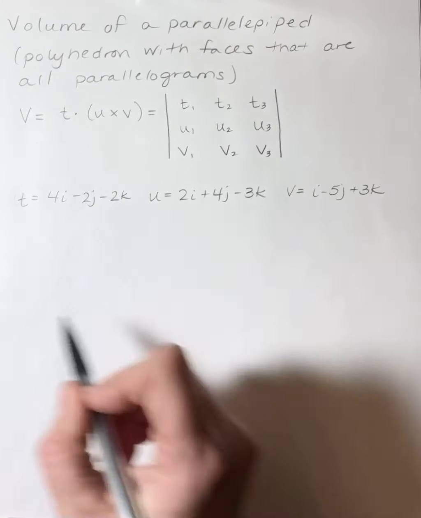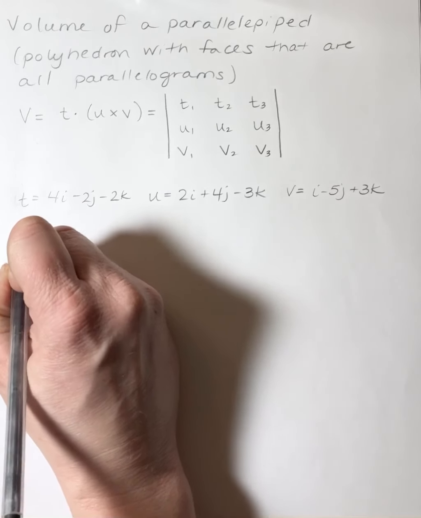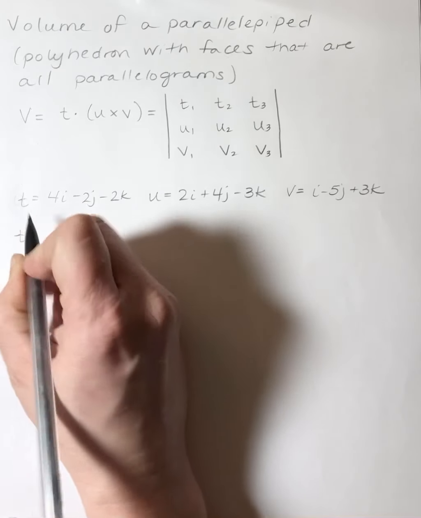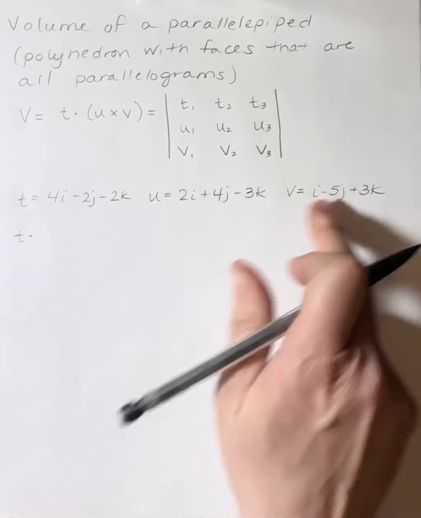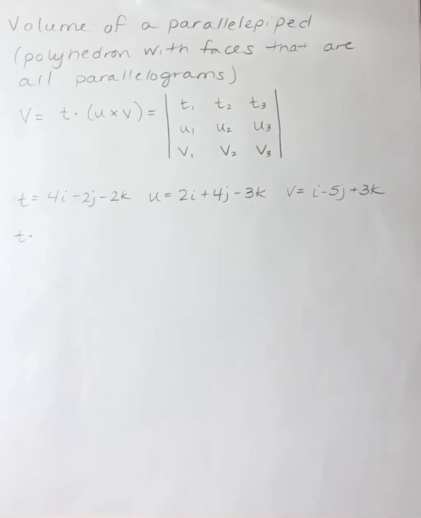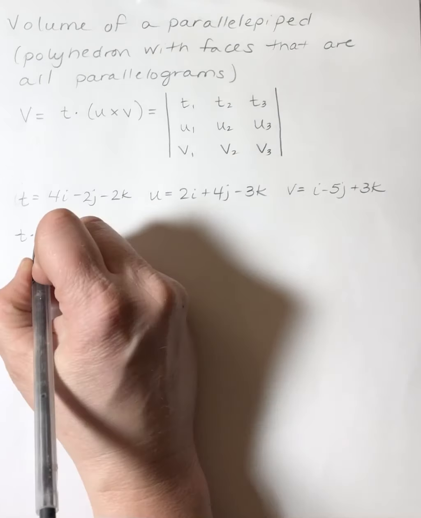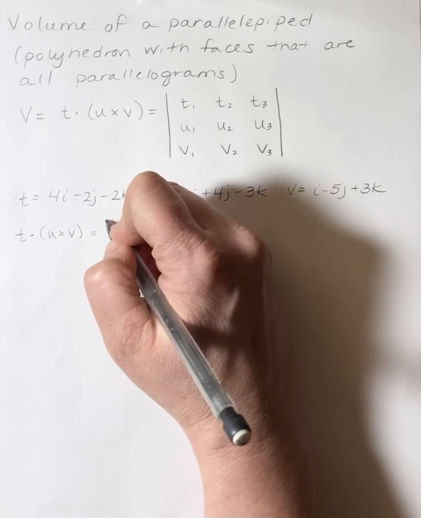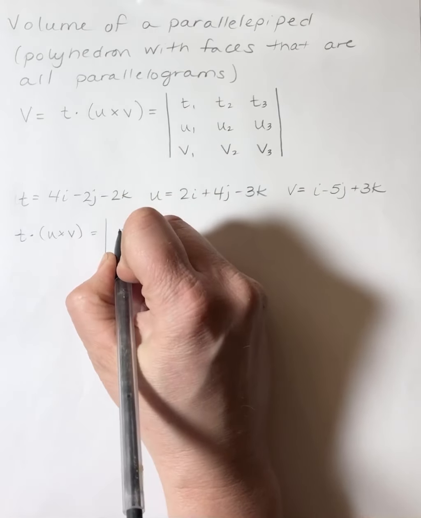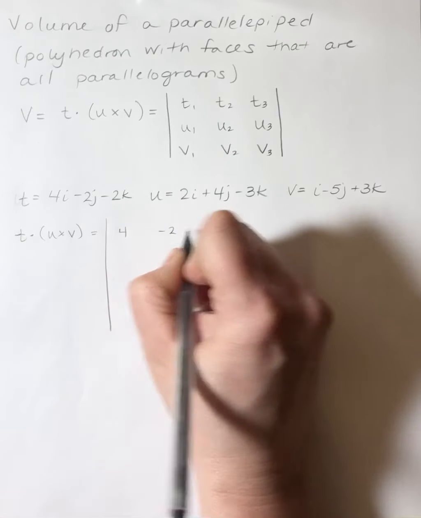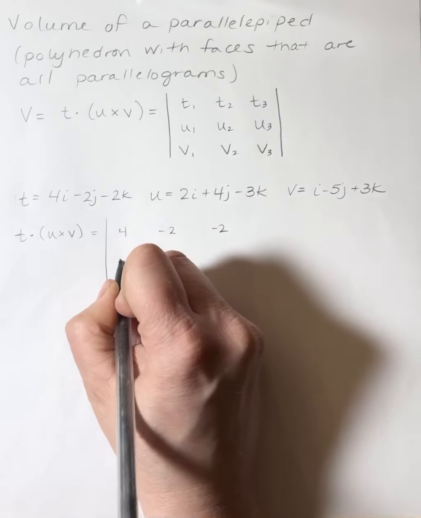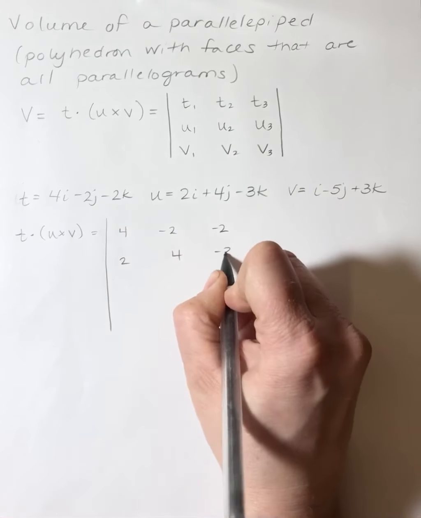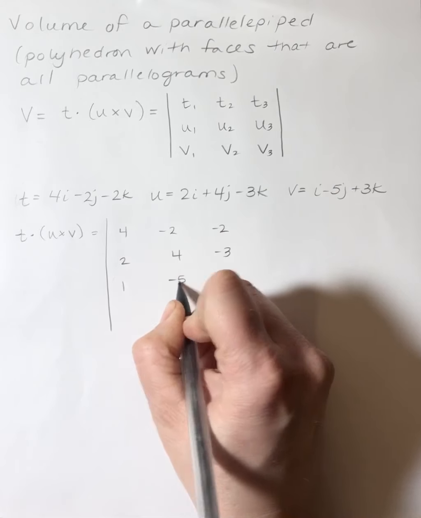So for this particular one, I'm doing the volume of my parallelepiped. These would be my three vectors that come from a point in space. So 4, -2, -2, 2, 4, -3, and 1, -5, 3.